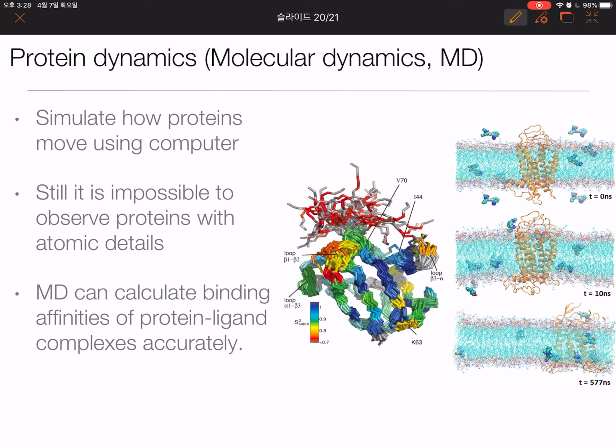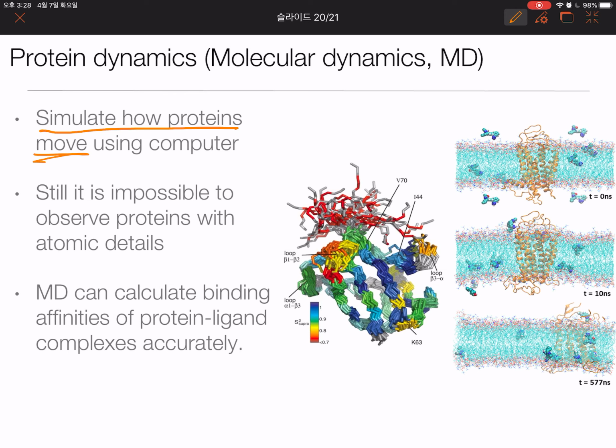And the last example is protein dynamics. At the end of this semester, we are going to practice molecular dynamics simulation, in short called MD simulation. In MD simulation, we simulate how proteins move. As I told you in the first class, even with the state-of-the-art experimental techniques, it is impossible to observe the movement of proteins with atomic details.